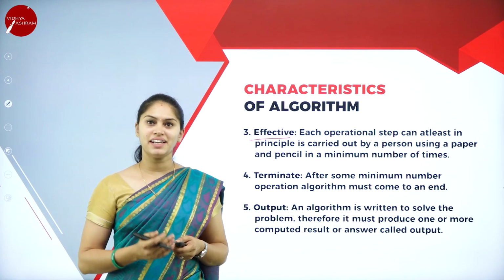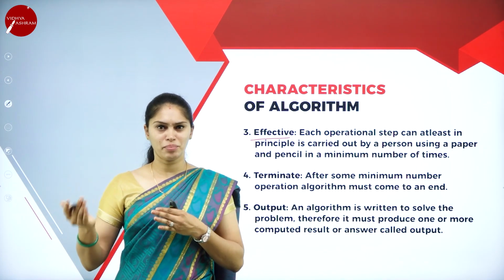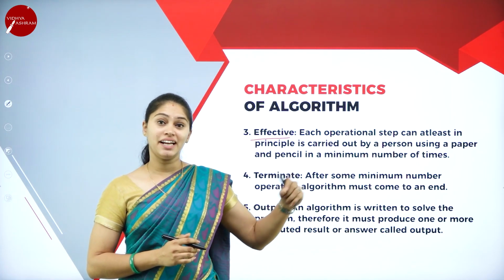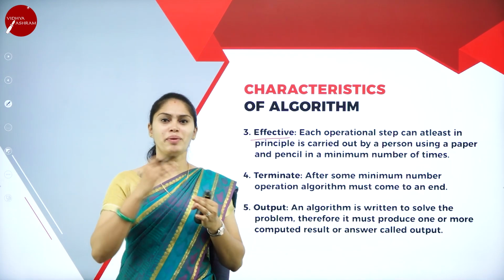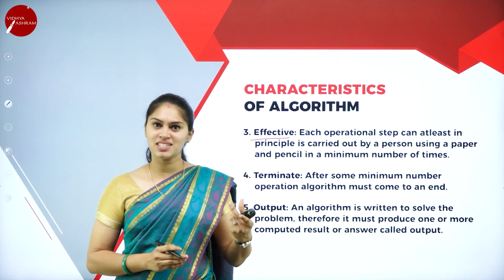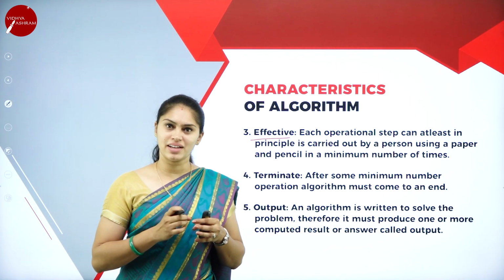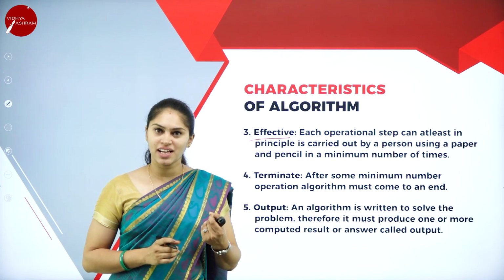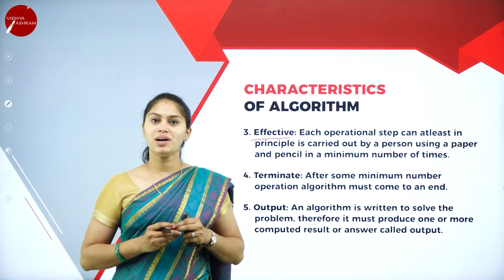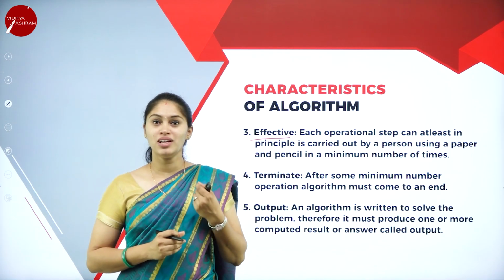So if I am writing a solution in order to solve a problem in some manner, we should not think that it is the ultimate thing. There could be more than one way to solve a problem. So whatever effective stages come under the algorithm that best match your problem, we have to select.